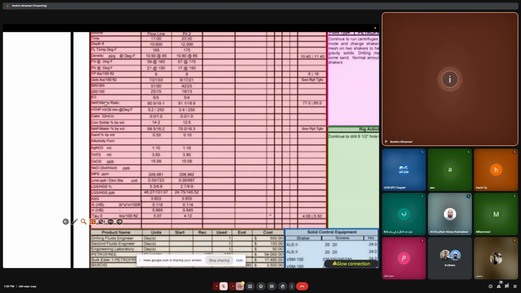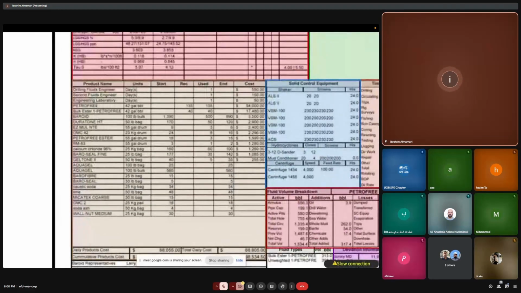And if you have an oil-based mud, you will have an oil-water ratio, because it's not 100% oil. There's water in it, because it will decrease the cost. So you'll have this ratio, and you have other parameters as well. You will have low gravity and high gravity solids in the mud.